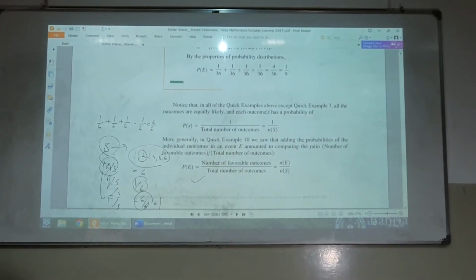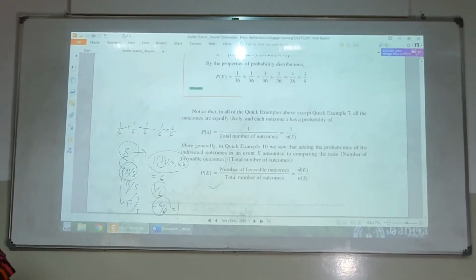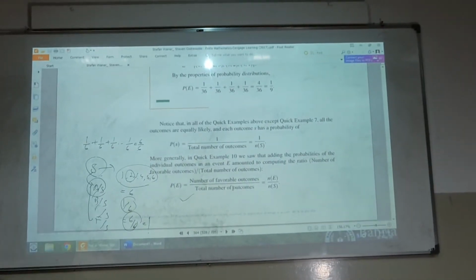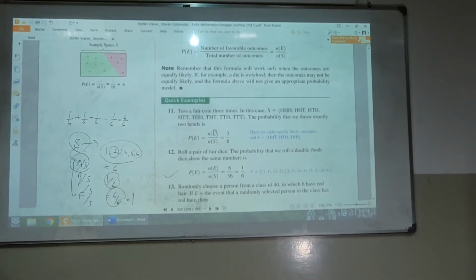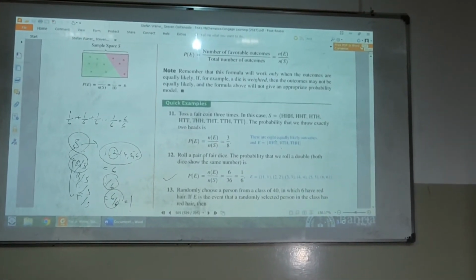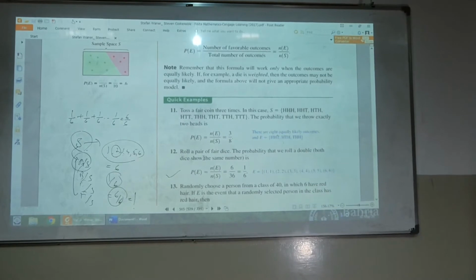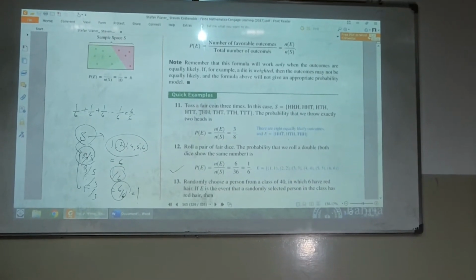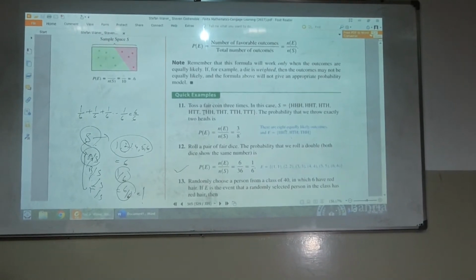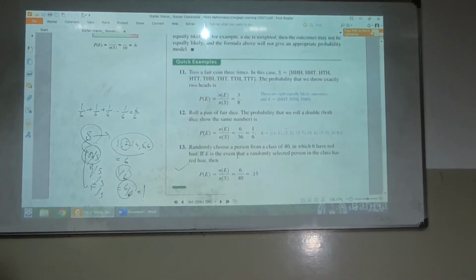And it is actually, like I told you, each event by sample space. So they said the roll of a fair die. Why do they use this word? It means that it has to be an unbiased die. And I also did the three times tossing of head and tail, and you get 3 by 8.